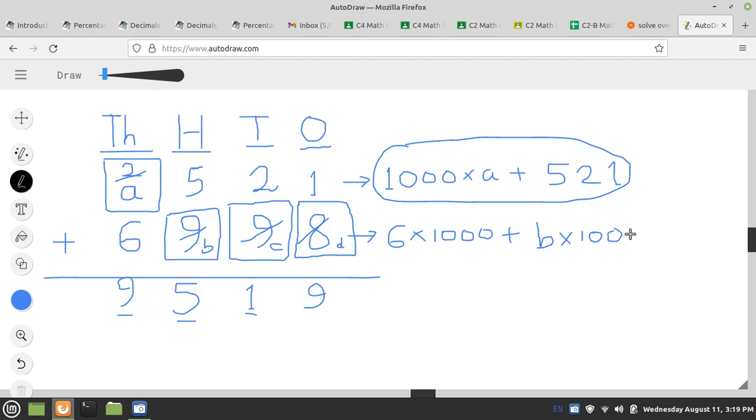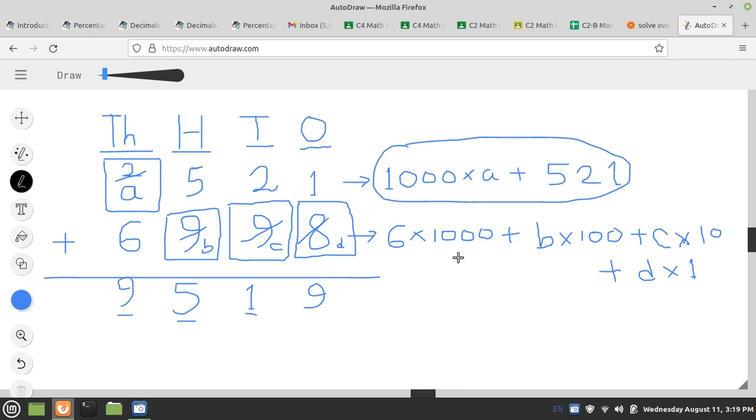And then you know that we add C. This C is in the tens place, so multiply C by 10. Okay, this is multiplication. And then finally D is in the ones place, so the digit D will be multiplied by 1.